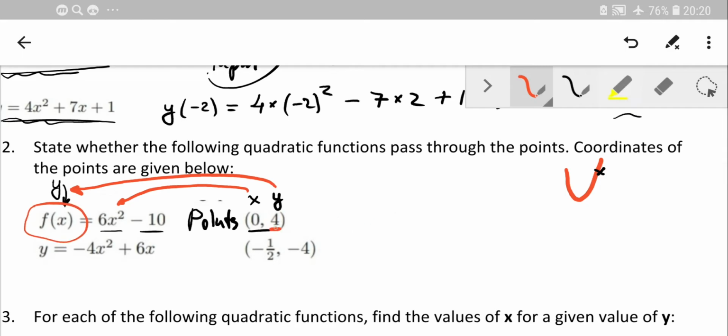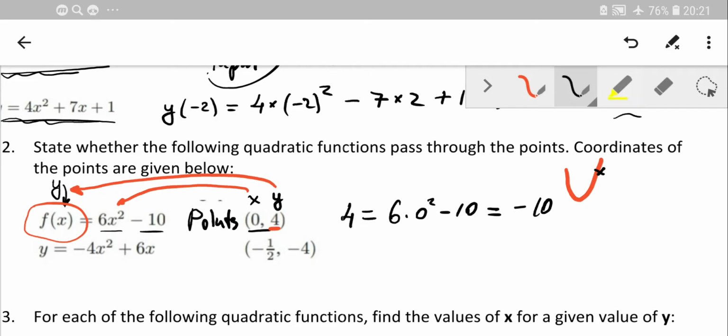Okay, so 4 on the left hand side will be equal to, what's going to be on the right, simply 6 times x is 0, so 0 squared, and minus 10. Finally, we'll get the following: 6 times 0 is 0, and we'll get 4 equals negative 10.